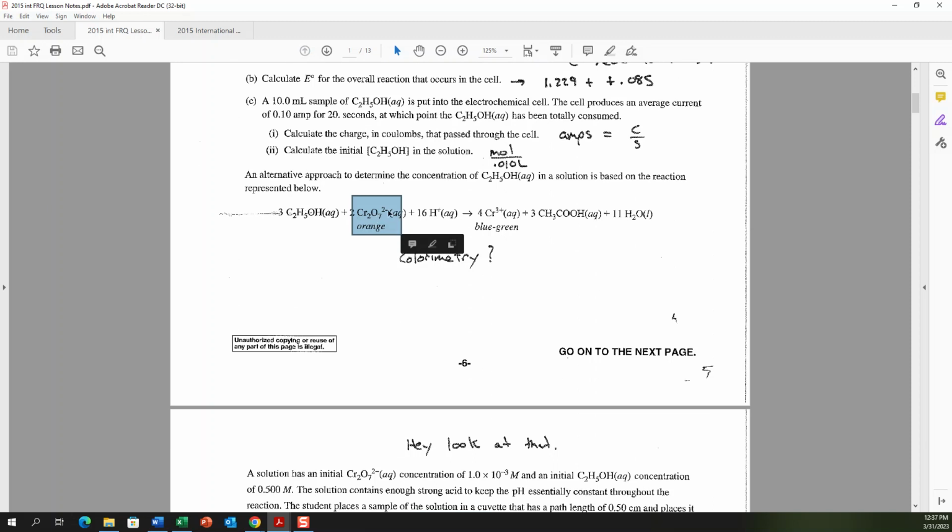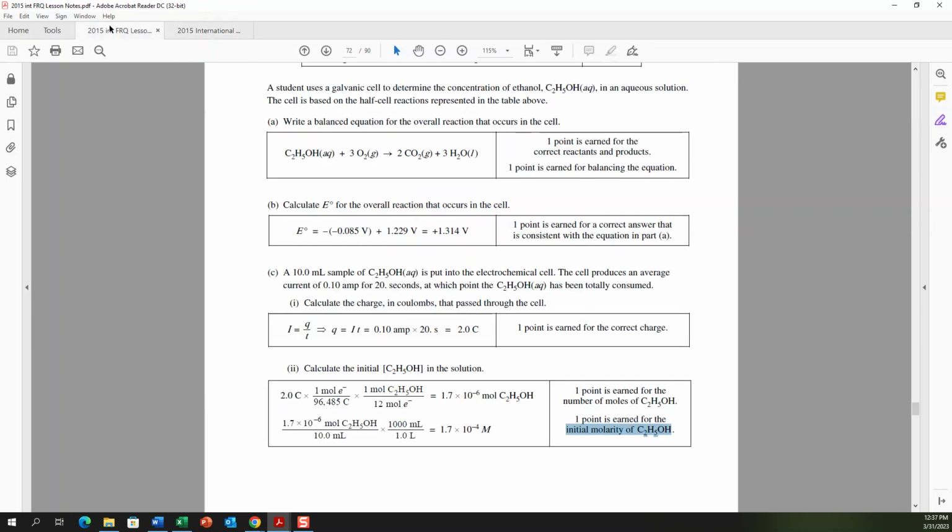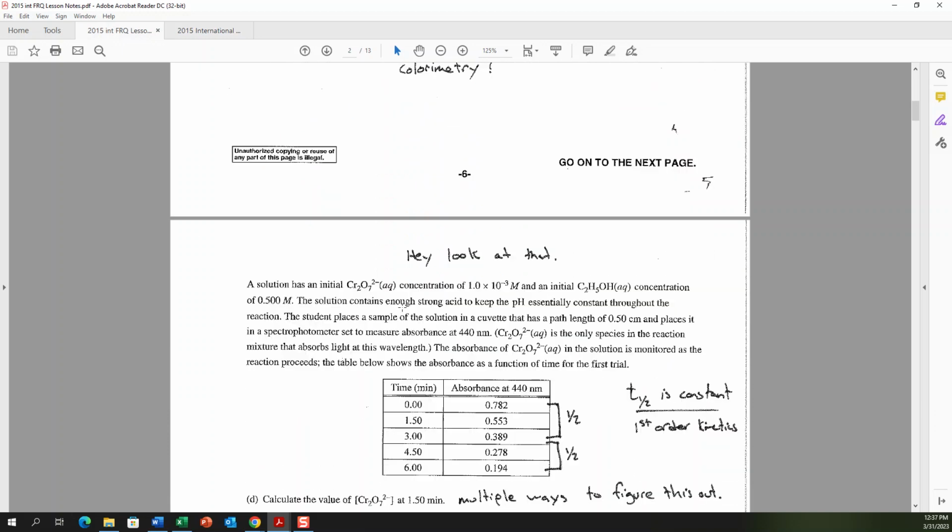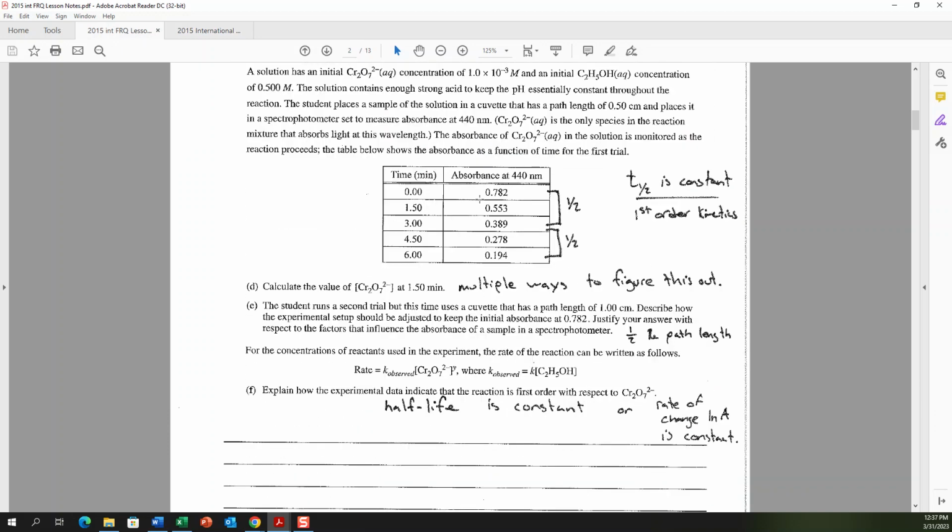So as the reaction proceeds, we're losing dichromate, so the dichromate's going to absorb less and less light. So if we look at the chart that they gave us, we notice that the absorbance is decreasing, and that's because as the reaction proceeds, we know the dichromate concentration is decreasing.